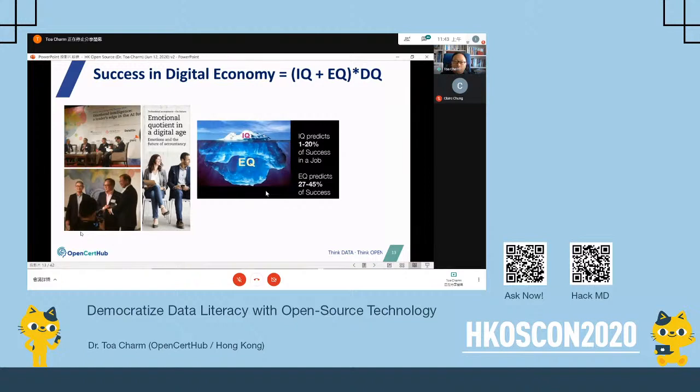So this is the old economy. In the new economy, besides high IQ and high EQ, you also need to have a high DQ. So what do we mean? DQ is actually the data quotient, or data literacy.